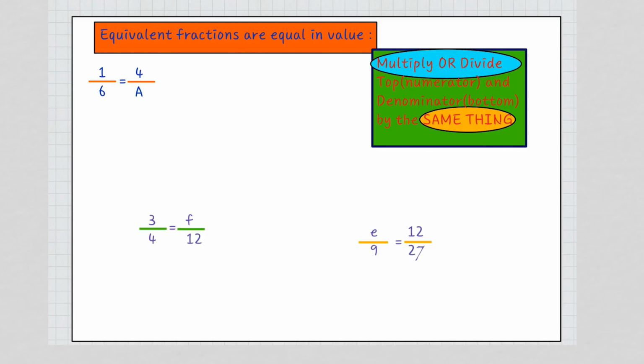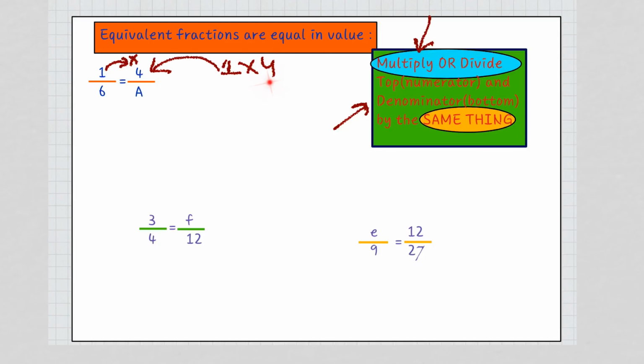Let's see in this first question. If we compare the numerators first, from 1 to 4, we know 1 times 4 gives us 4. So we multiply 1 by 4 to get the numerator of the other fraction. We need to do the same thing to the denominator, because the numerator is multiplied by 4.